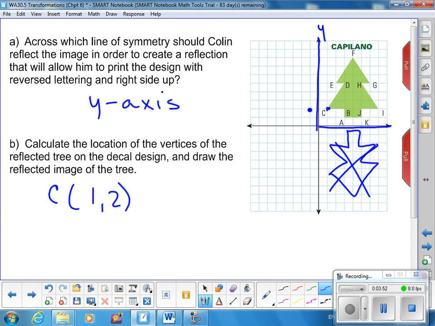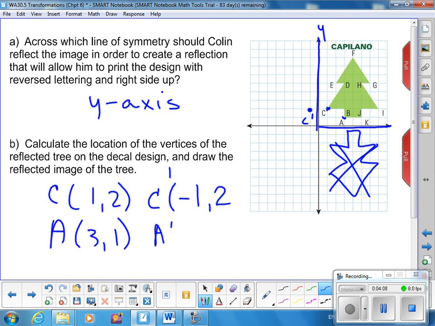So it's going to be -1 and 2. And that's going to be C prime. Okay? Let's take a look at A. A is 3 and 1. And so A prime is going to be -3 and 1.